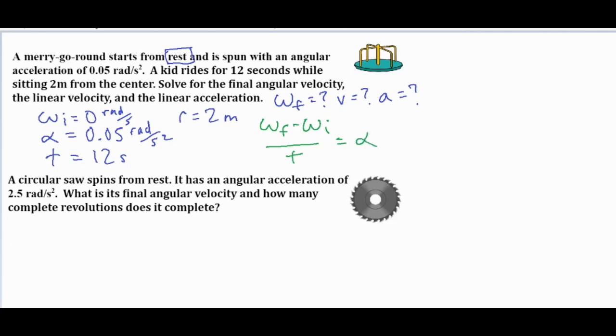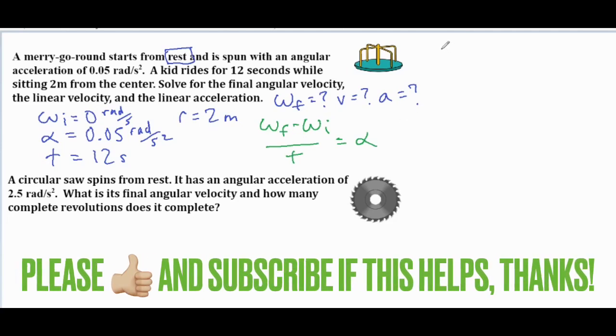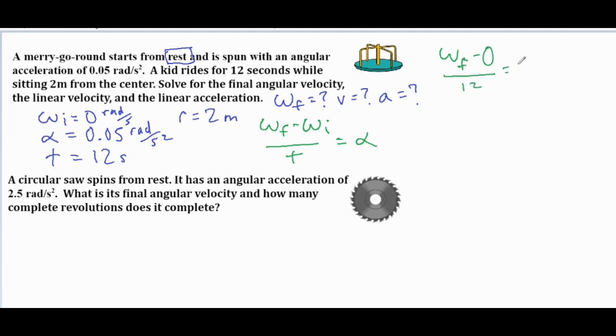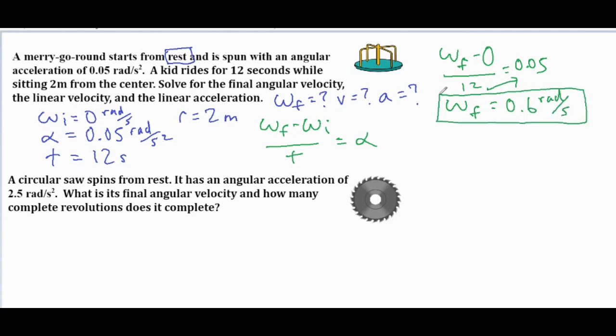So let's find the omega f first. All we had to do is multiply both sides by 12, a pretty simple operation, and we came out with 0.6 radians per second.